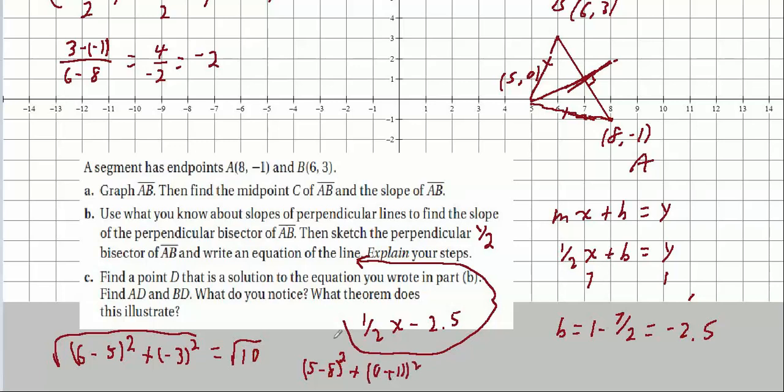Five minus 8 is minus 3. Squared is 9. 0 minus 1 is minus 1, squared is 1. So we just have 9 plus 1 again, and of course we need to take the square root of that. So this is the square root of 10.